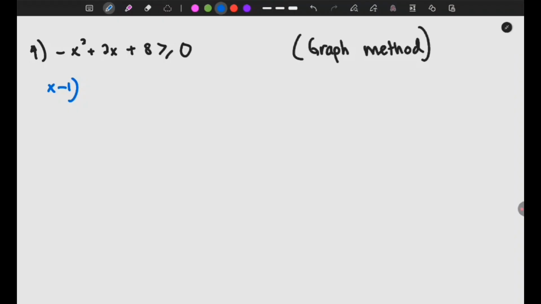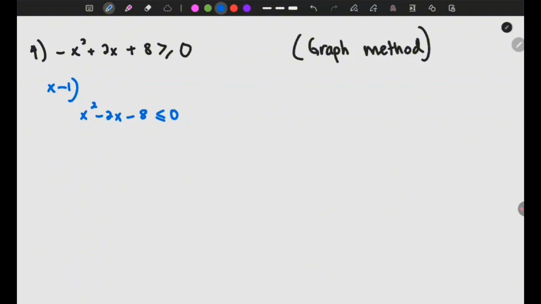And don't forget, I did tell you, when you times the negative with the x, the sign also will be changed. It will be reversed. So more than becomes less than or equal to 0. And now don't forget to factorize. So you get x minus 4, x plus 2.